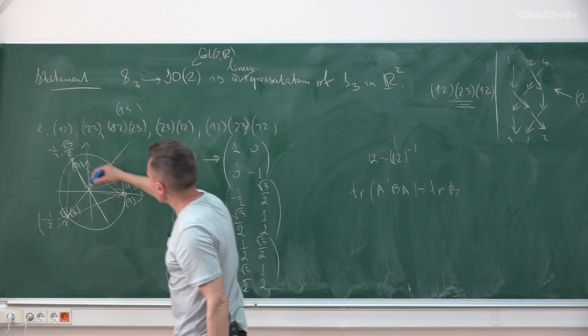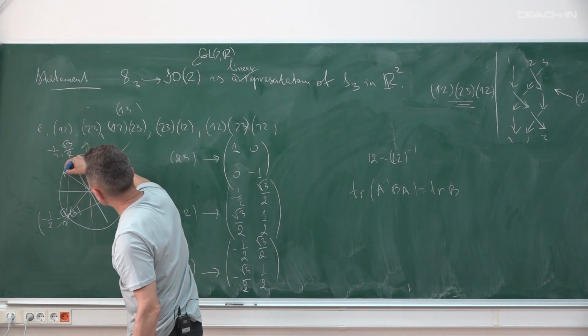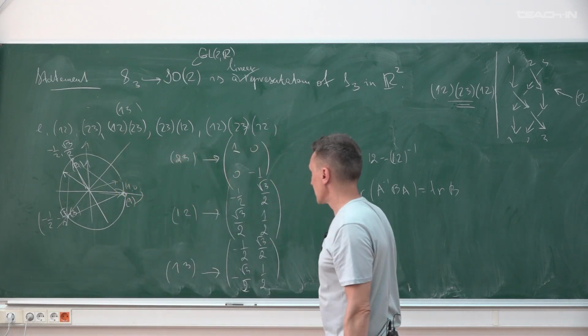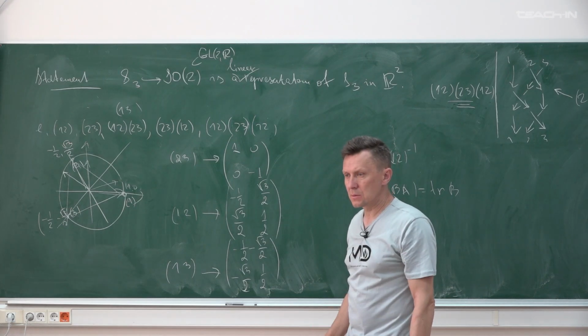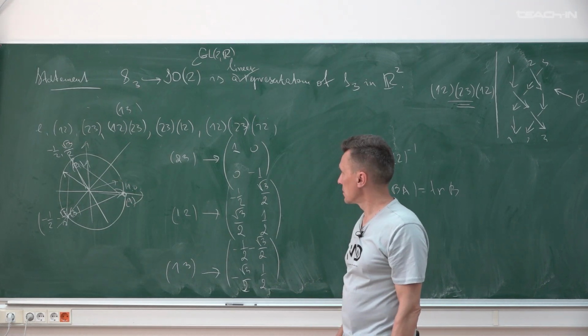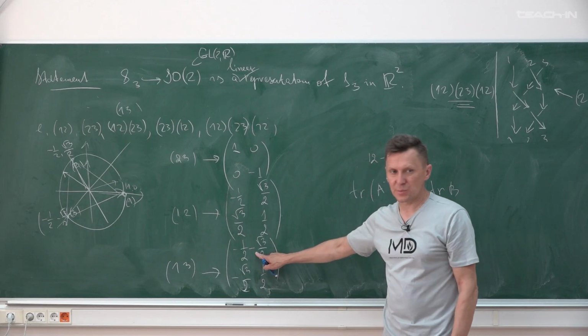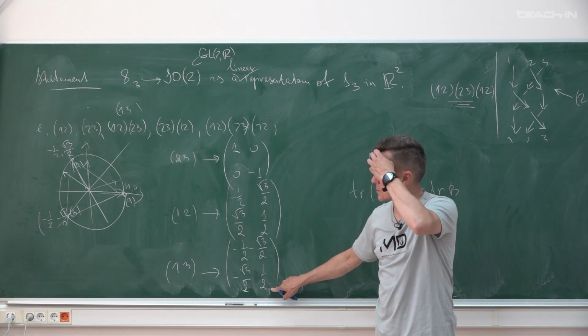Is the last column correct? For 1, 3, like this. Here is minus, and here is plus.